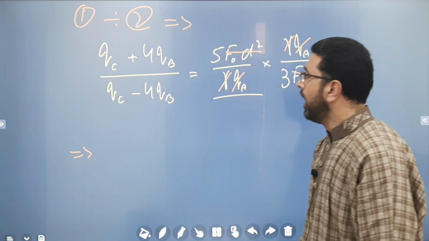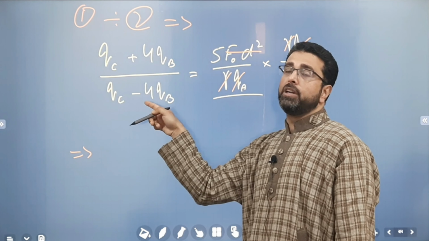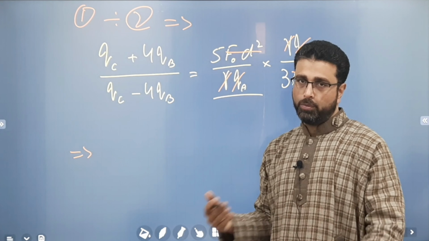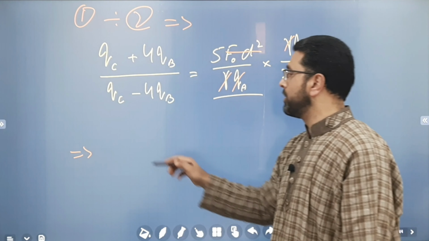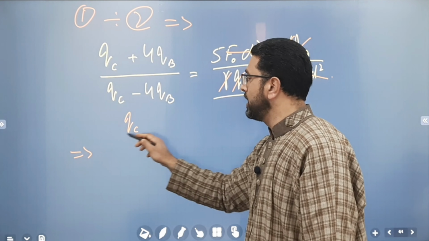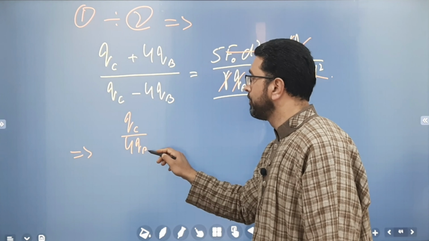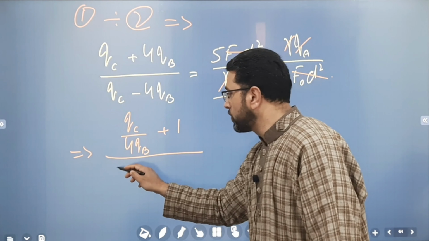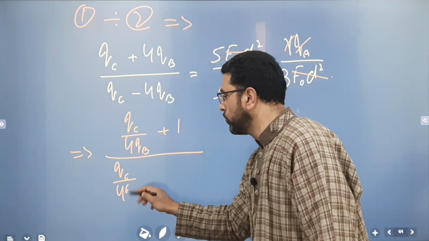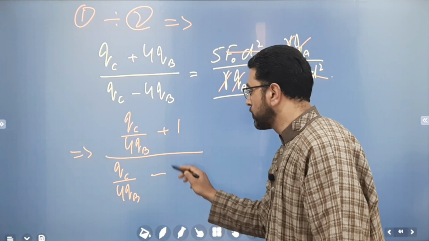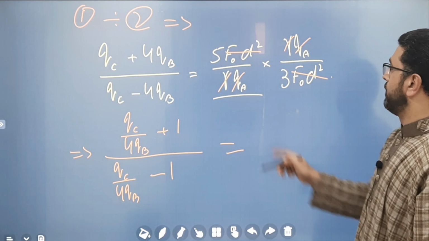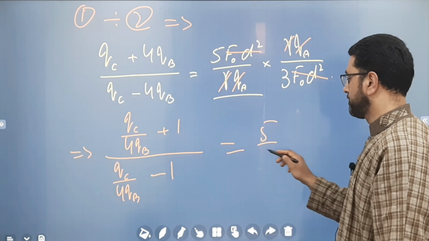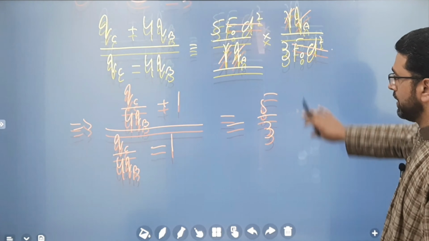Now look here, I'll divide numerator and denominator both by 4 times QB. This will become QC divided by 4 QB plus 1, then the whole divided by QC again divided by 4 QB minus 1, is equal to what we have here, 5 divided by 3.